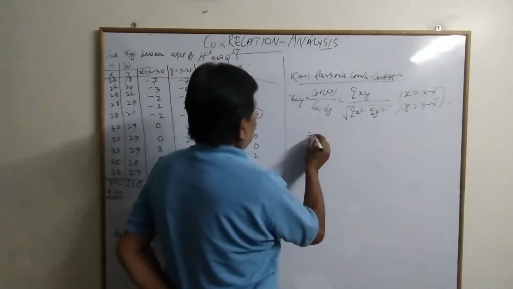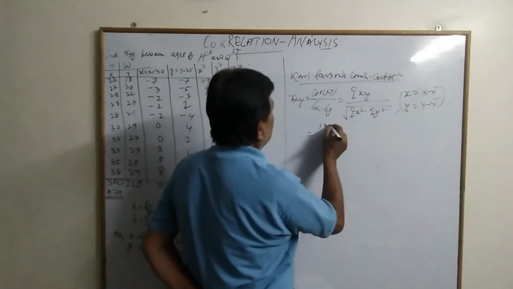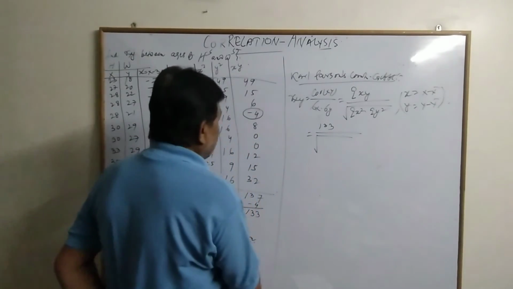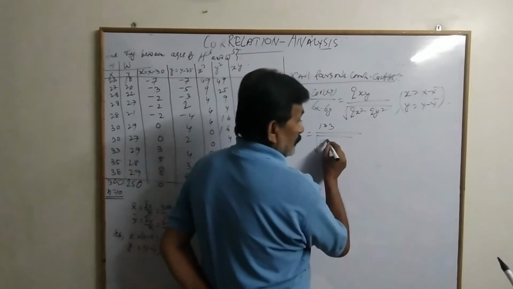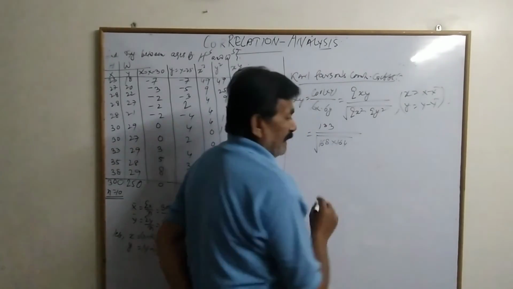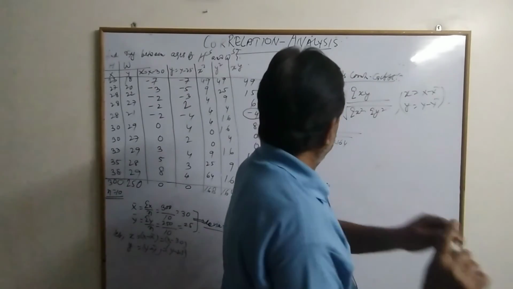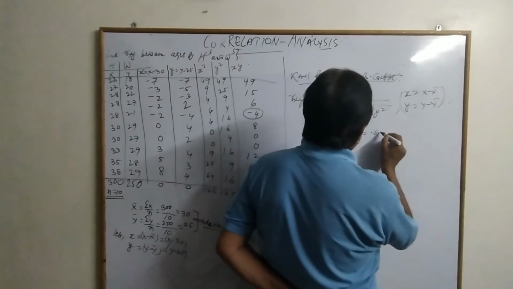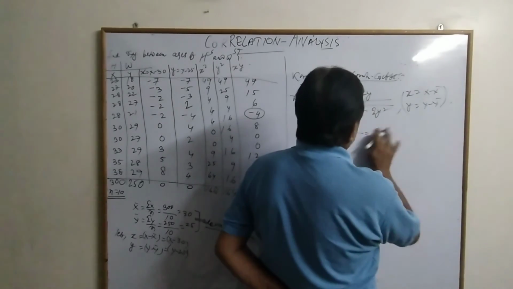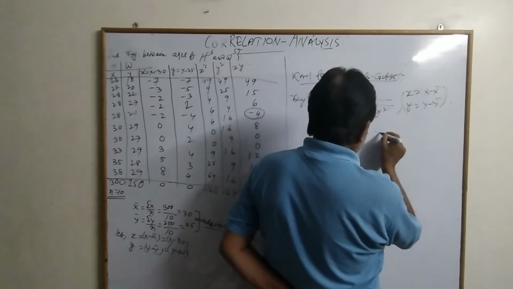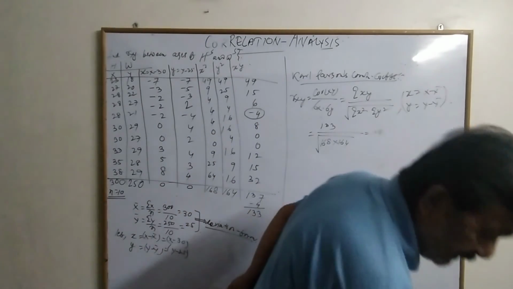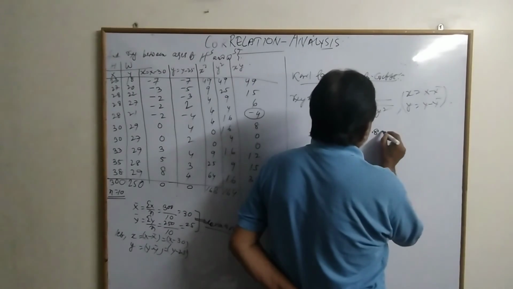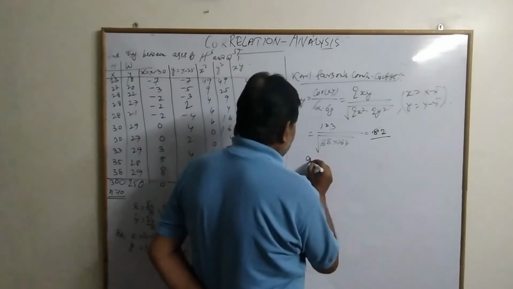Now these 3 values have to be taken. This is 133 divided by the square root of 168 into 164. 168 into 164, and if this is solved, this will give you the value probably 0.82. 0.82, and this is what we may use. 0.82, a strong positive correlation.